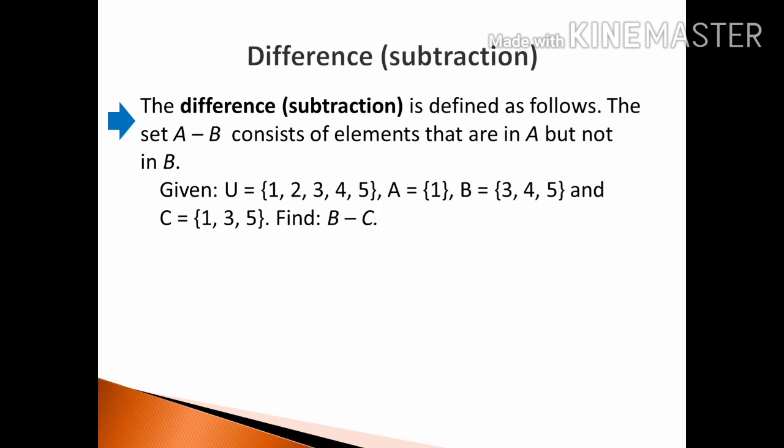Again, we're going to see the elements of set B which are not present in set C. Since set B has 3, 4, 5 and set C has 1, 3, 5, 3 and 5 are present in set C. Therefore, there is only one difference from set B to set C, and that is 4.